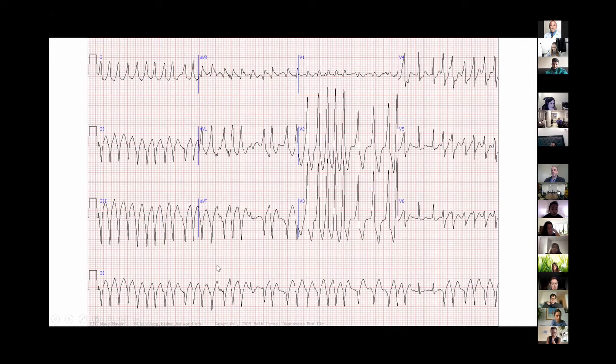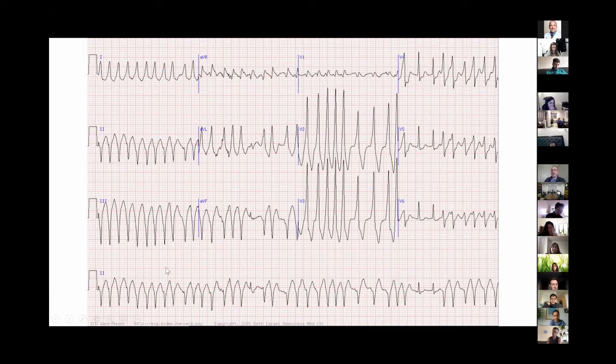So remember, you could have polymorphic VT, you can have AFib with a pre-existing bundle branch block, and you can have this pre-excited AFib. For polymorphic VT, to have somewhat narrowish QRSs is unusual.